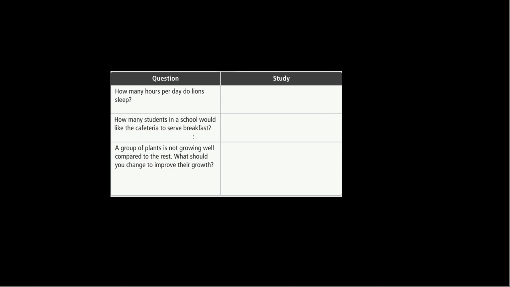The last one is a group of plants is not growing well compared to the rest. What should you change to improve their growth? So now we're putting a variable. We're adding a new variable into the plant growth.